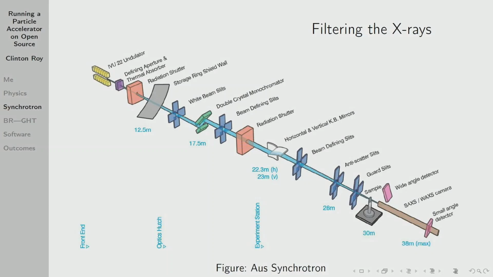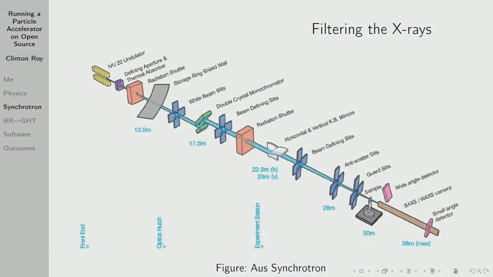Every time you do something to the X-rays, you get a little bit of scattering. So what tends to happen is every time that we do something to the X-rays, at the end of that we have slits, and those slits are just like a window, and if there's, at the previous stage, any scattering, those windows stop those scattered X-rays from hitting the sample.